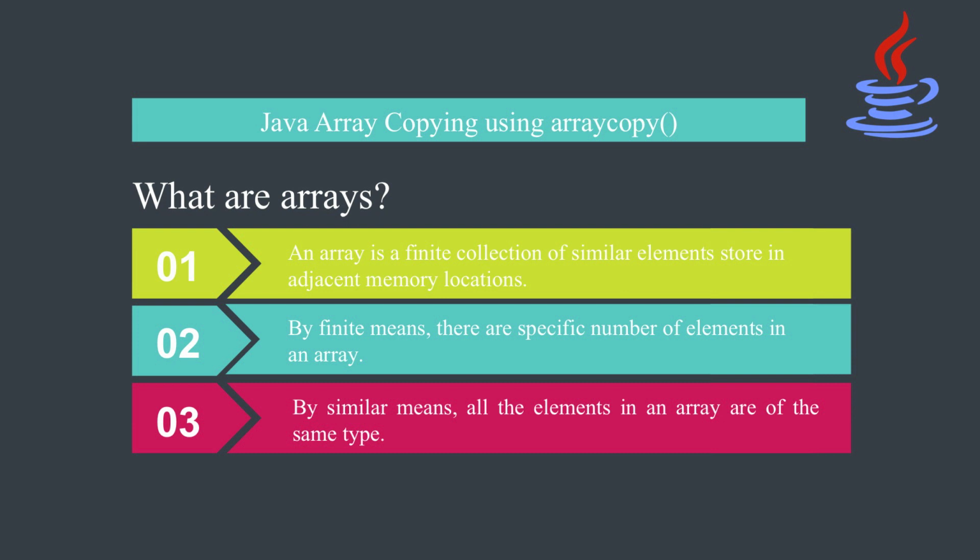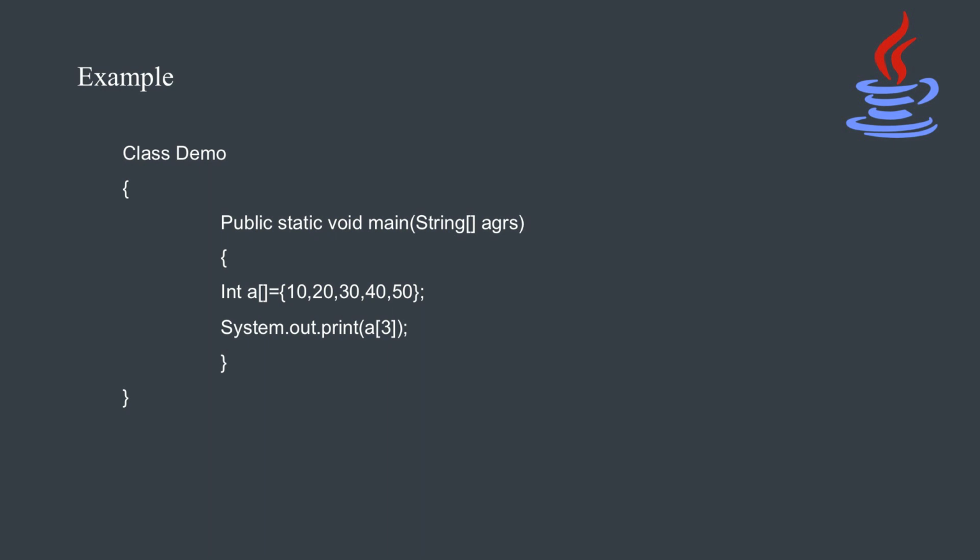So let us understand with the help of an example. First we have to create a class whose name is Demo. Then we have to initialize an array under the main method, integer array A. Then assign the elements to the array A. Array A is a reference variable which refers to the index of the array.